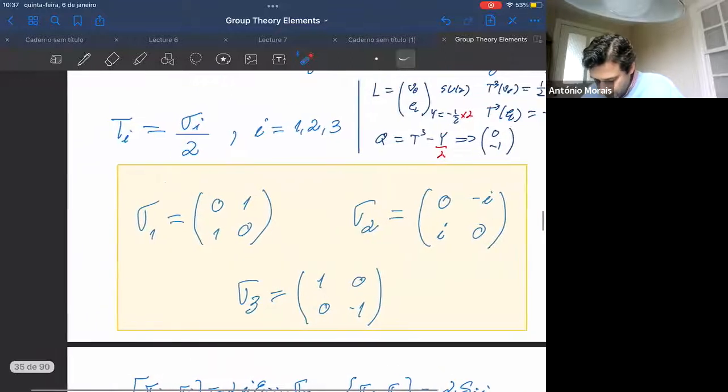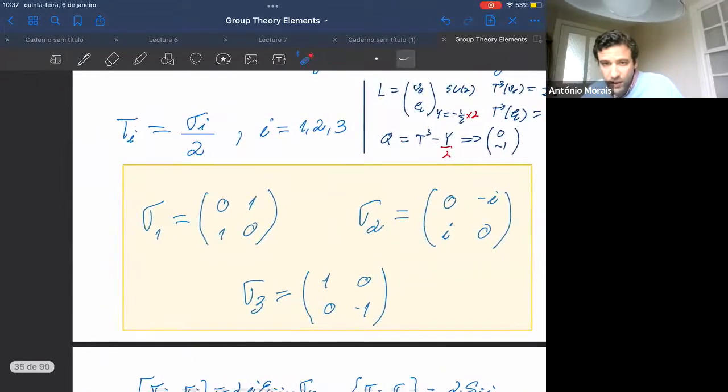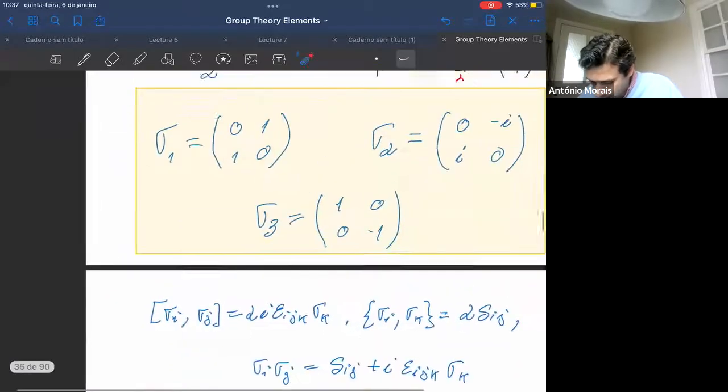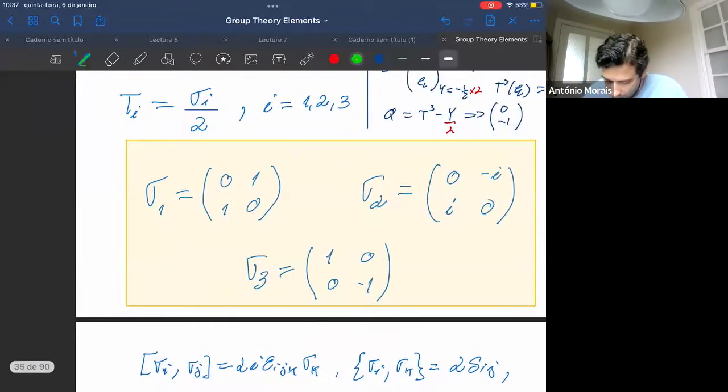You see they are 2 by 2 matrices here, so they act on the doublets because they are 2 by 2, they have the correct dimension. What I want to say is that the indices of these Pauli matrices, you have here AB indices, and these AB indices run from 1 to 2.